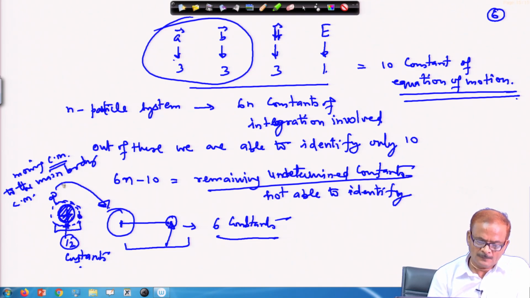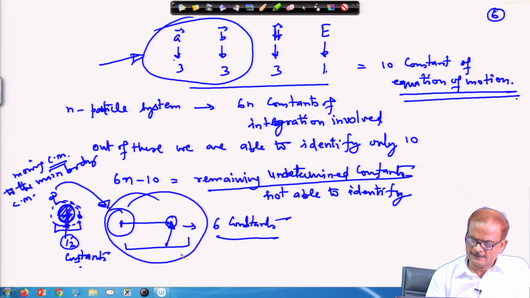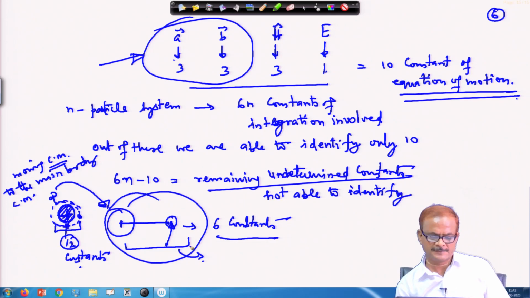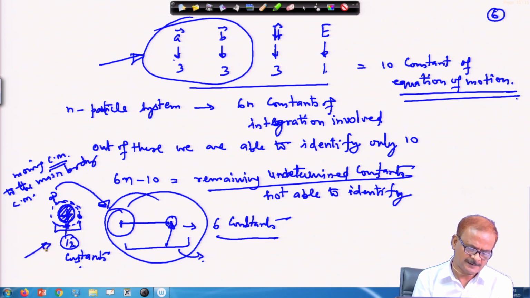So, 6 constants are identified this way, and another 6 in the way where we describe the relative motion of one particle with respect to the other. So, a total of 12 constants were identified in that case.